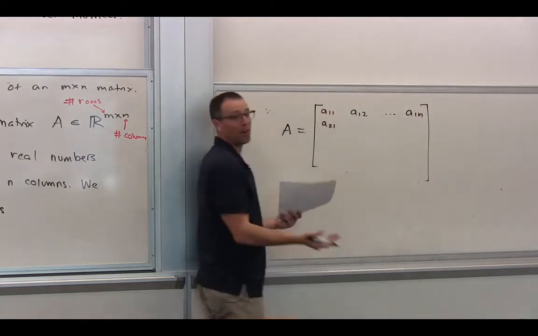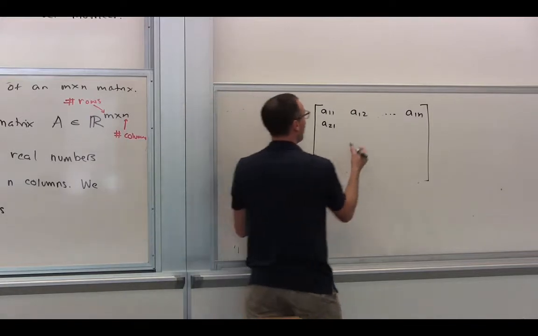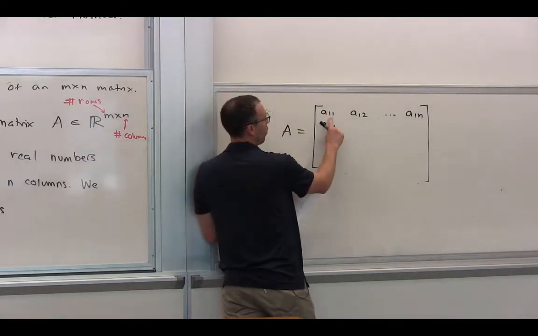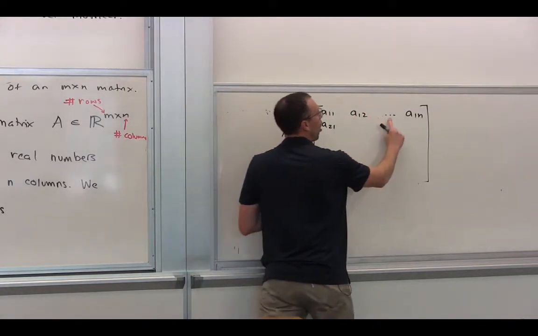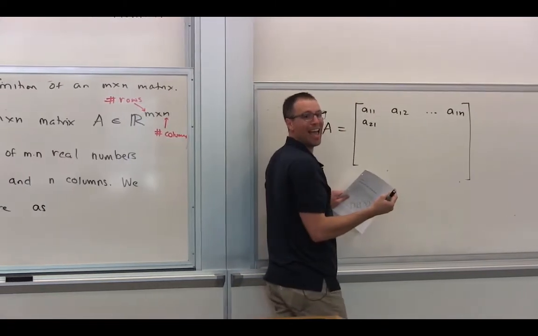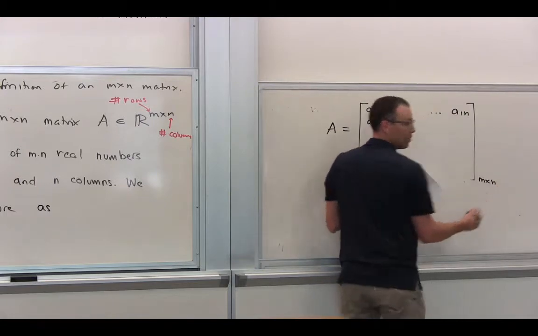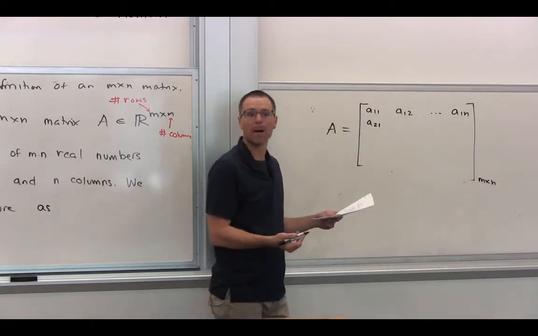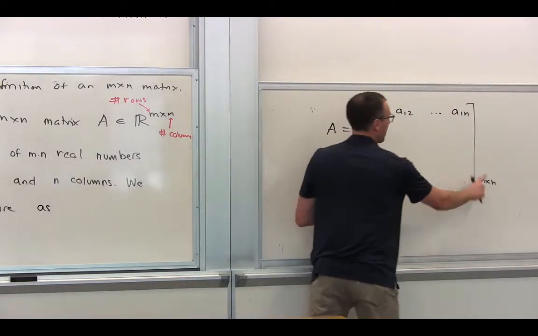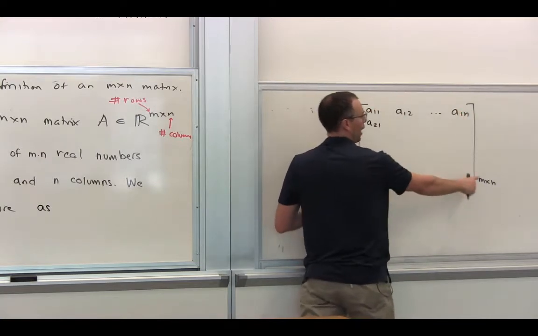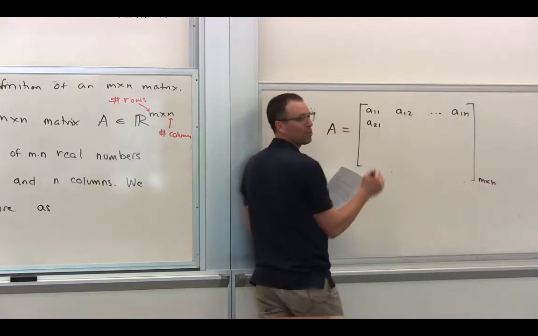So you'll see that, and I would encourage you to play around with them, right? In this case, we have A11, A12, all the way to A1n. Well, how do I know that there are n different columns? Because it was an m by n matrix, meaning that in each row I have n columns. Could you guess what the next row is?